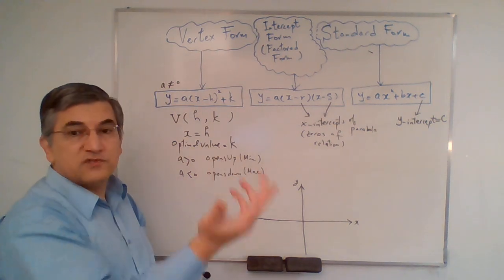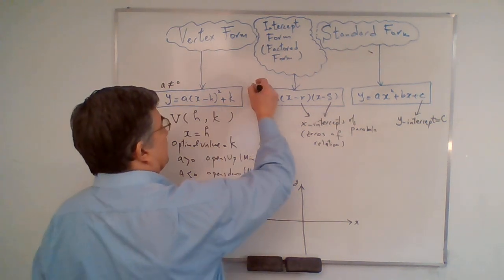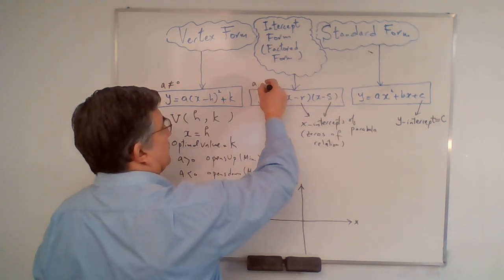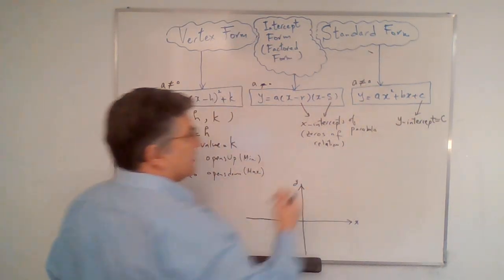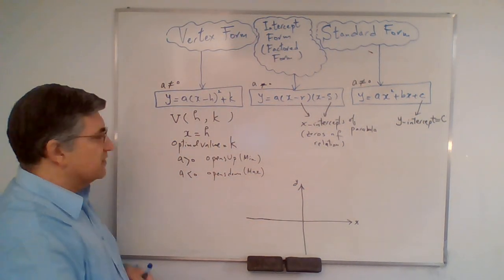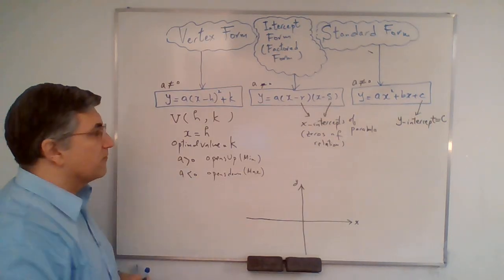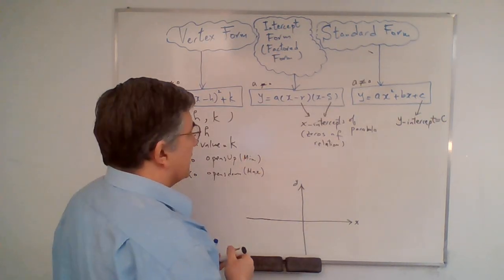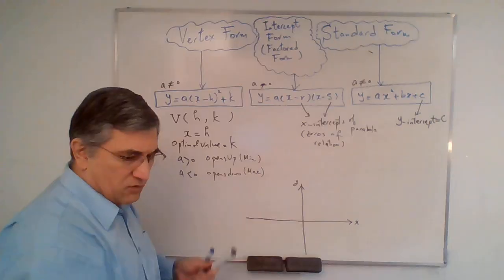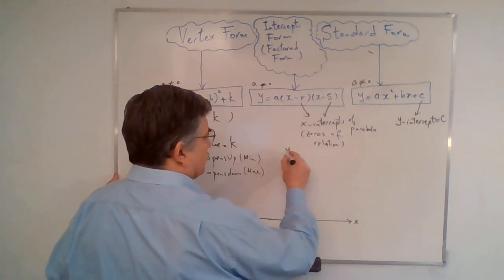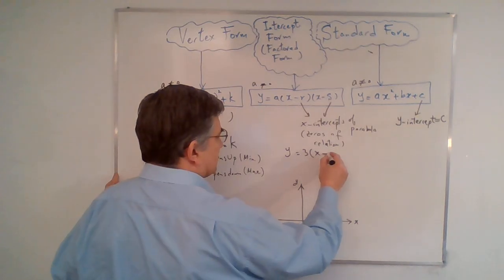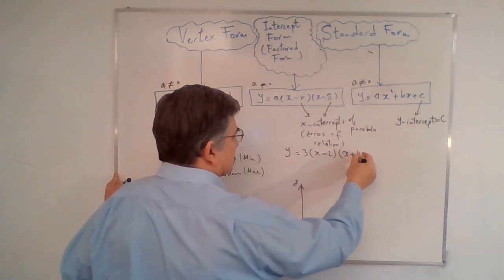a is the same old a as we had in the past, and we know that a can never be 0, and same thing here. And whether it's positive or negative, we talked about it before. Now, let's say we have a quadratic relation whose equation is y equals 3 times x minus 2 times x plus 10.